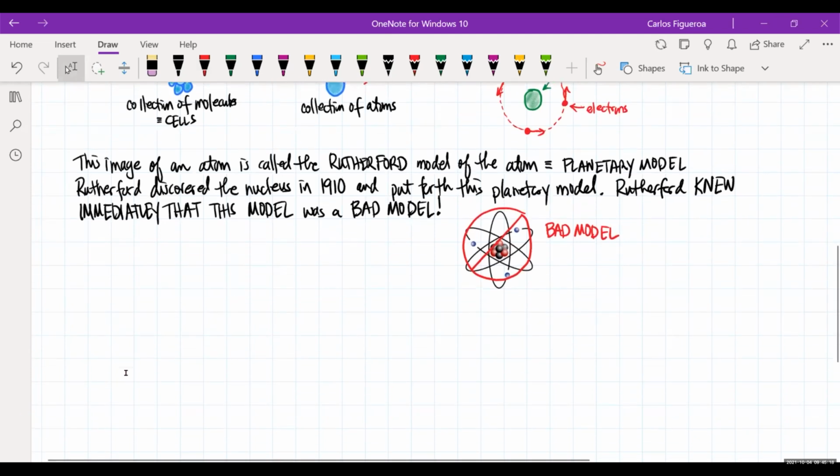So now, here we go. What we know here is that atoms are the building blocks, and for all intents and purposes, they're the building blocks of all.